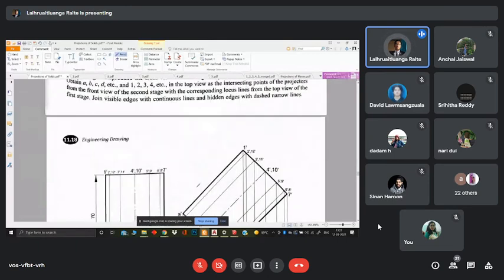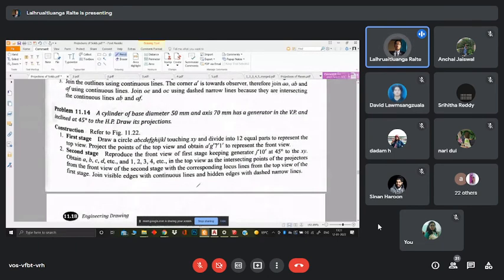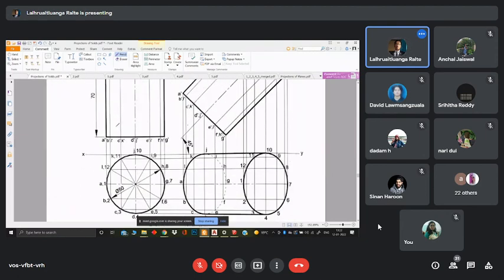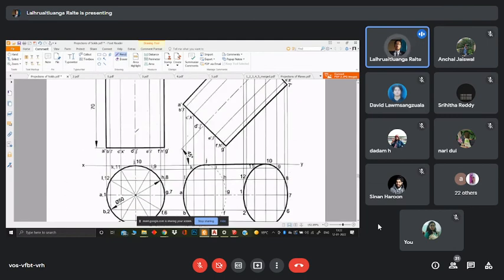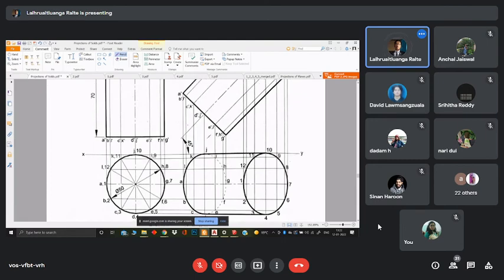And this is a cylinder, so I won't ponder much on it. A cylinder of base diameter and axis has a generator in the VP and inclined at 45 degrees to the horizontal plane. Draw its projections. All right, so it is like this. The generator would be this edge touching the vertical plane, and then it is inclined at 45 degrees to the horizontal plane.